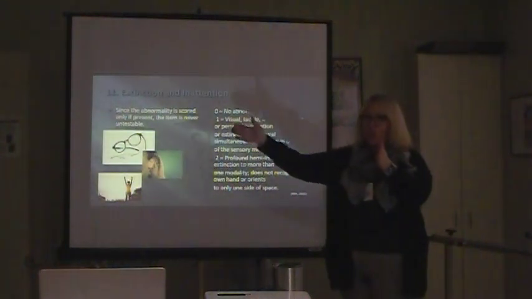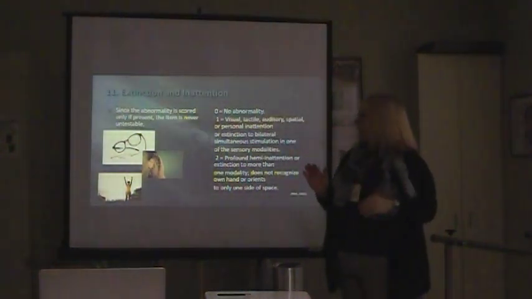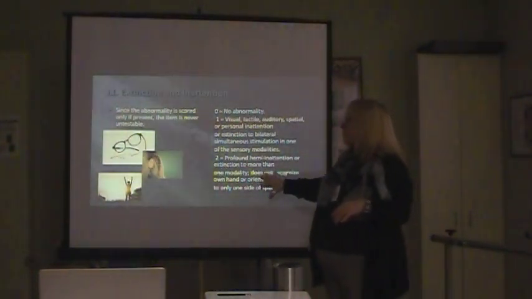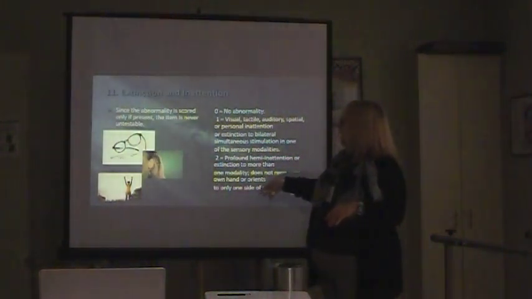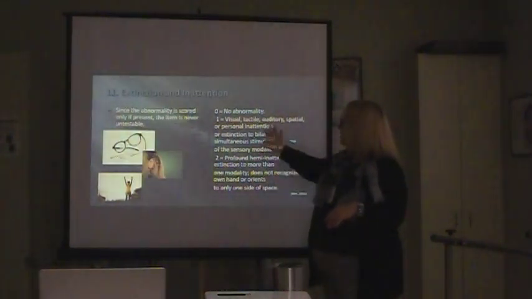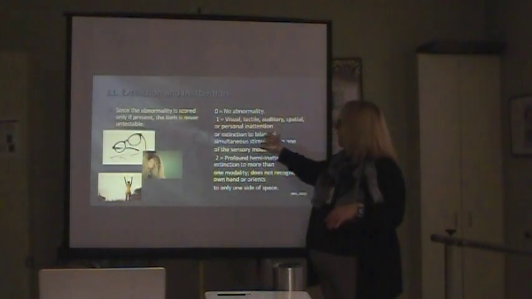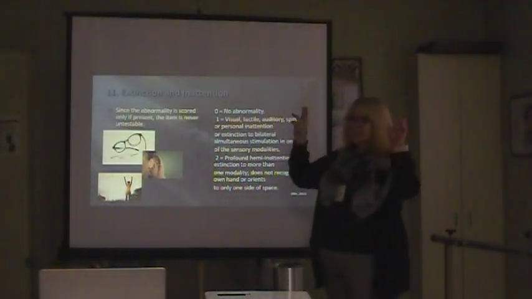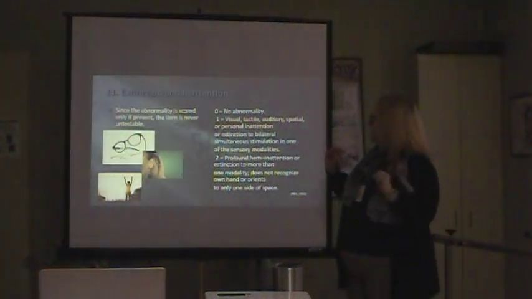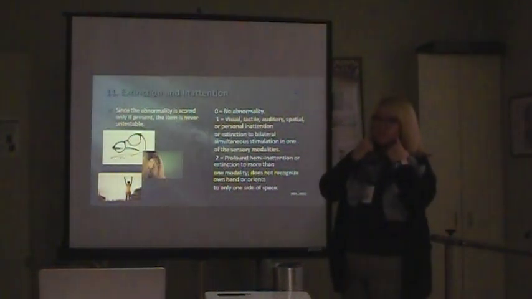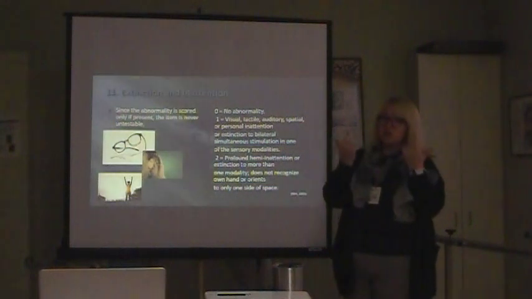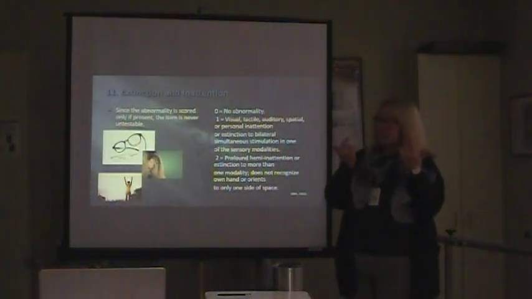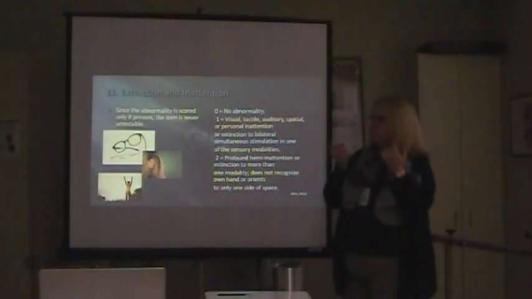They've lost half of their world. Those are harder to find, but I have seen them. Usually it's these small inattentions or neglect that you will pick up on. But again, visual is easy to test because you just establish for both sides, and tactile is easy to test because you just establish they feel it on both sides at the same time.